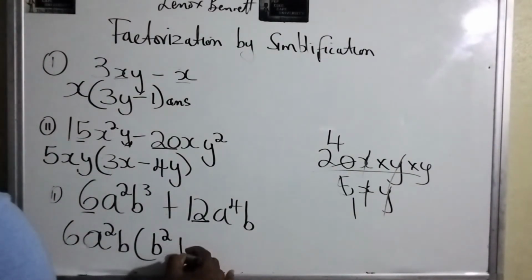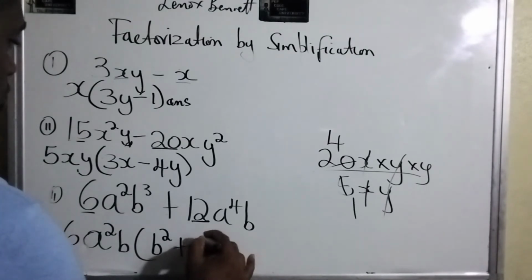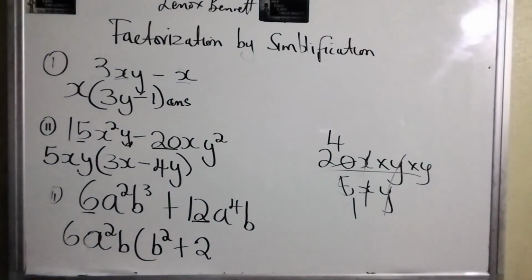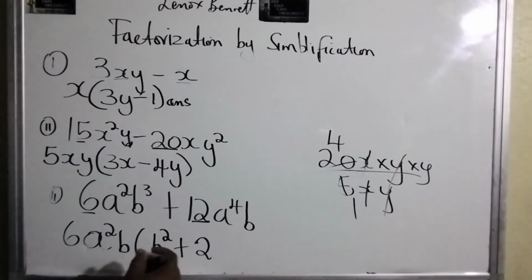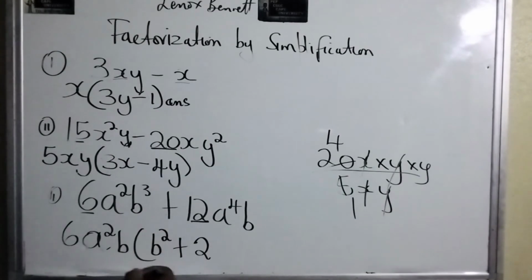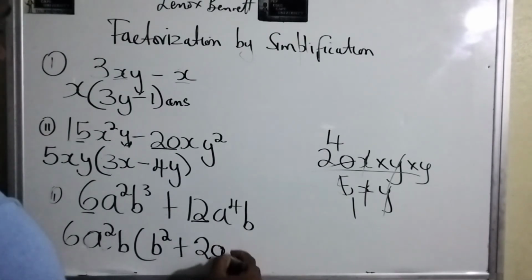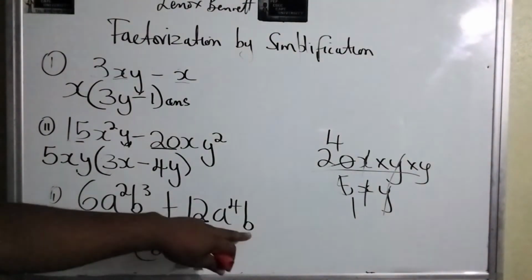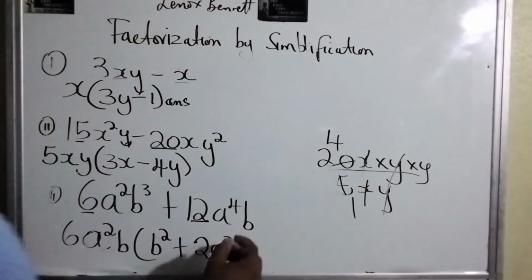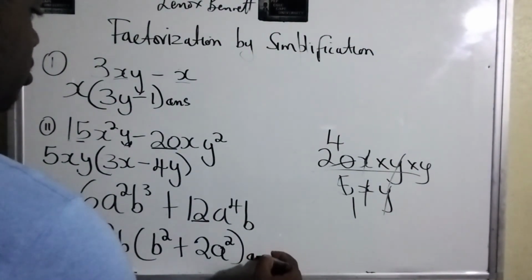Now 6 into 12 goes 2 times. a to the 4 minus a squared, because when we are dividing, we are subtracting the powers. I need to do a video on that again, laws of indices. So that is a squared. We don't have to put the b because the b will cancel the b, and that would be our answer.